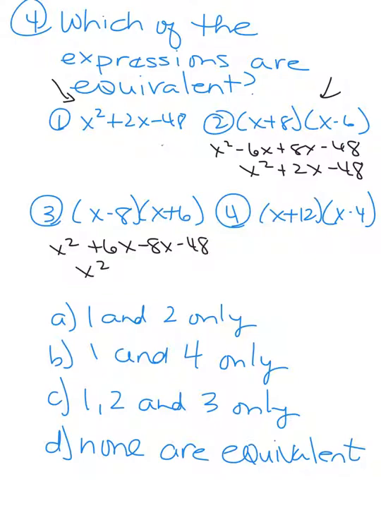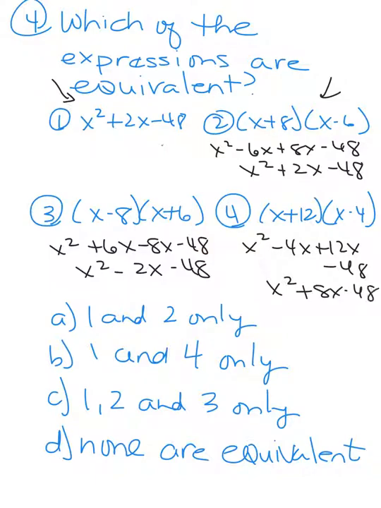Combine my terms, and I get x squared minus 2x minus 48. And last one, number 4, using FOIL, I get x squared minus 4x plus 12x minus 48. And again, combining my terms, I have x squared plus 8x minus 48. Now when I do this, I notice that 1 and 2 are exactly the same, which is response A.